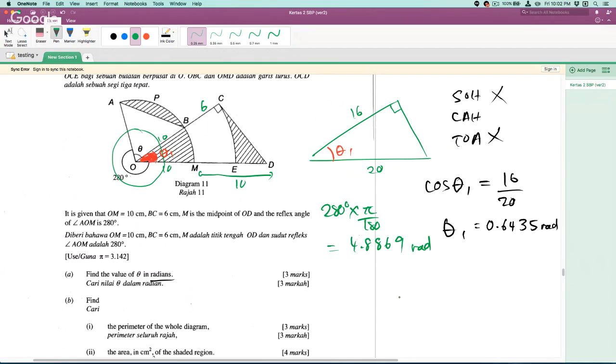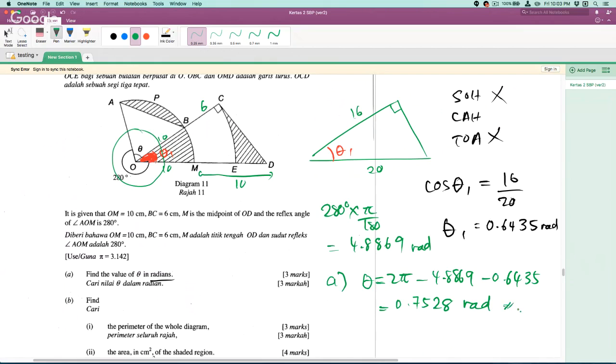So in order to solve part A, theta equals 2 pi minus these two answers. So 2 pi minus 4.8869 minus 0.6435. Then you can get the correct answer. So your radian should be 0.752728.